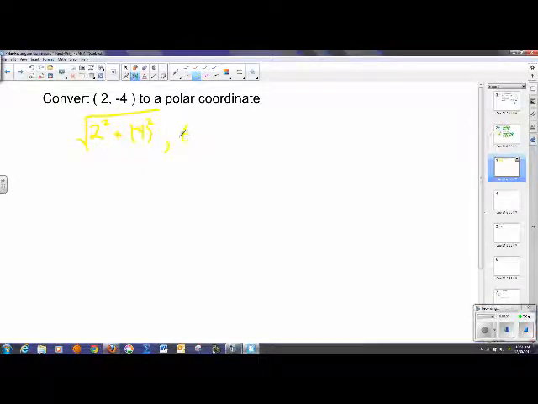And the arctan of the y over the x should give us our theta value. Looking at the point we're given, positive 2, negative 4, we're somewhere down in the fourth quadrant, so we should expect a positive r value out and some negative theta value.